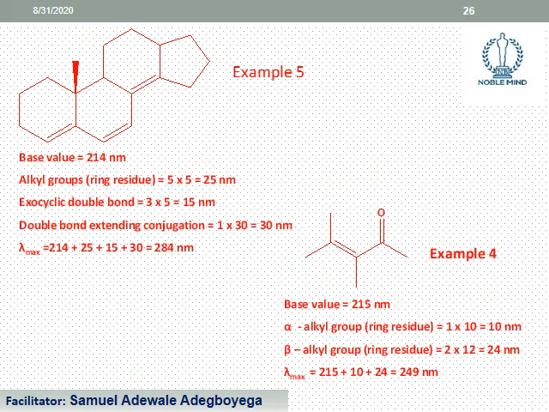Okay, example 5. If you look at example 5, the base value or parent value is still heteroannular diene. It has ring residues. I'm saying residues now, not one. And if you count that, you have 5 ring residues. Okay, one in between ring 1 and 2. I'm starting from my left.